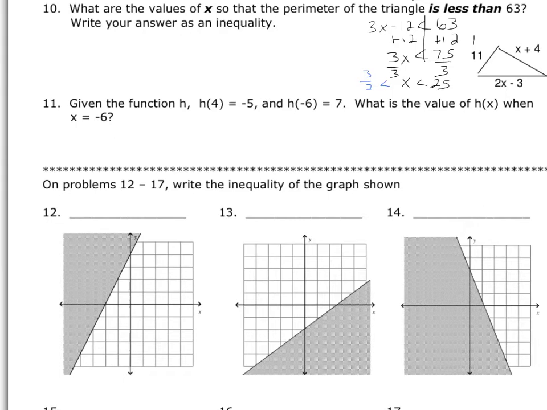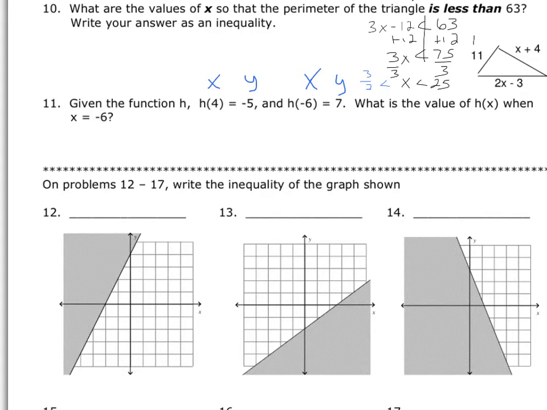So this is x, the value 4, and then negative 5 is the y. In this one, x is negative 6, y is 7. So they're saying, what is the value of h of x? So what's that function value when the x is negative 6?